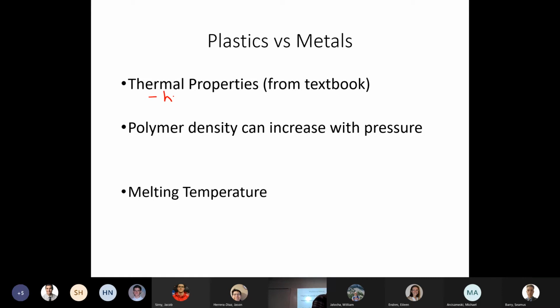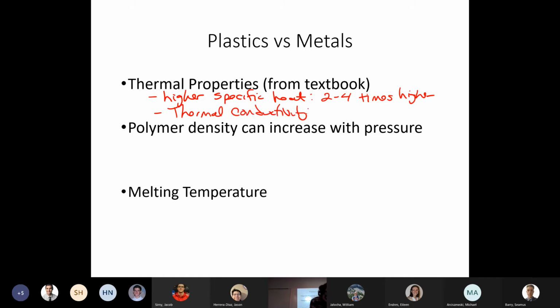So plastics have a higher specific heat, 2 to 4 times higher, but their thermal conductivity is very low, 400 to 800 times lower.